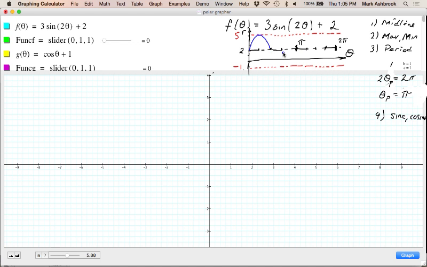Then at 3 pi over 4, it's going to go to -1. And then back to 2 at pi. And it's going to repeat that again as you go from pi to 2 pi. So at 5 pi over 4, up to 5, 6 pi over 4, back to 2, 7 pi over 4 down to -1, and then at 2 pi back to 2. So here's that blue graph, the one we have to transfer into polar coordinates now.